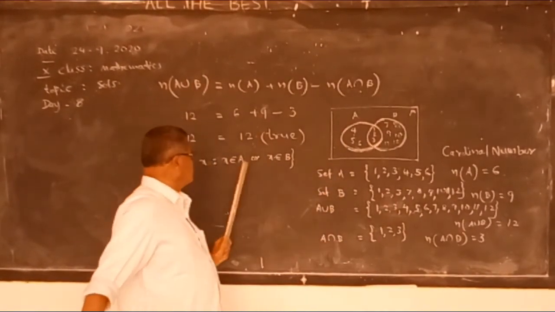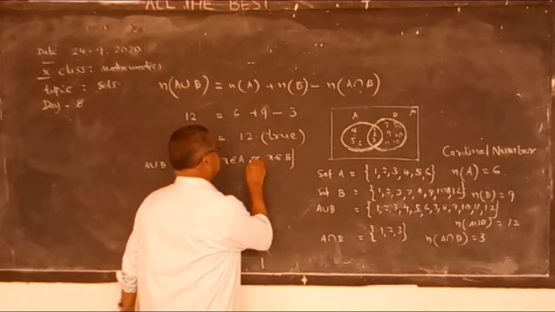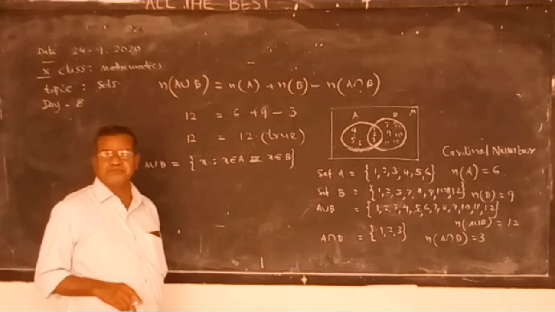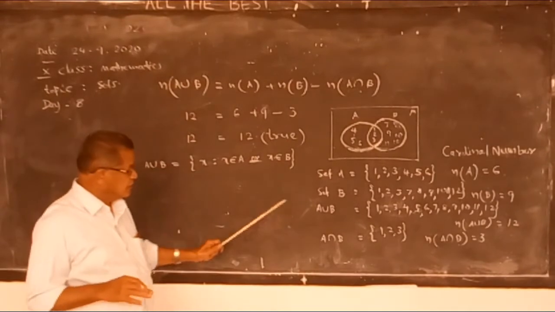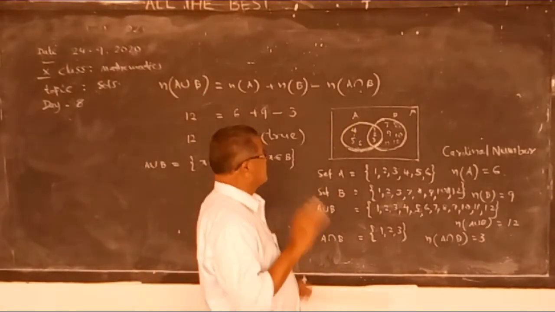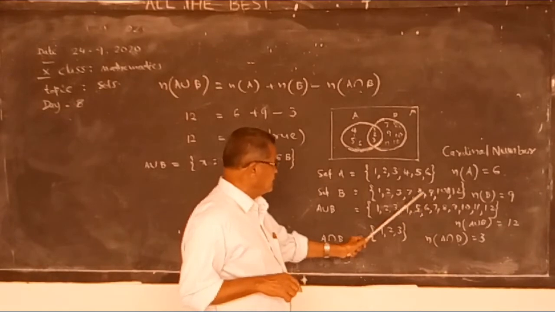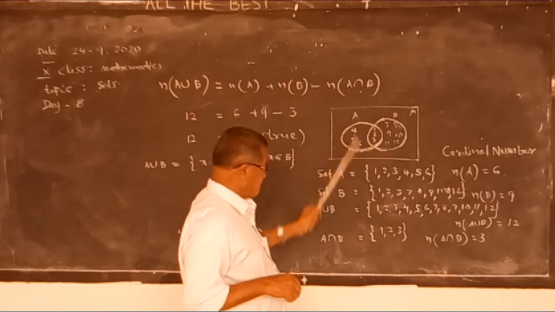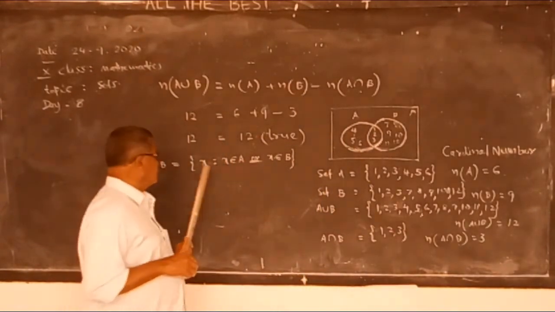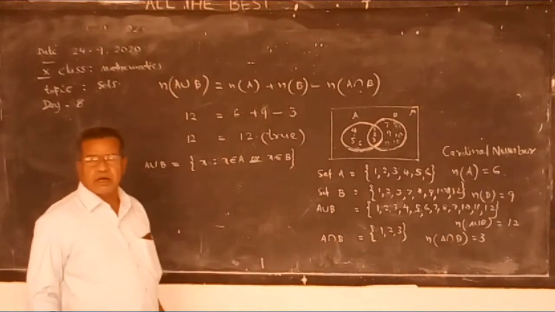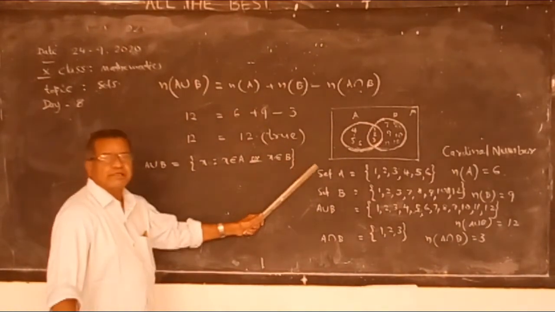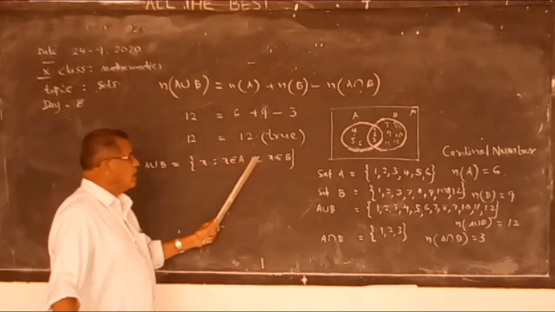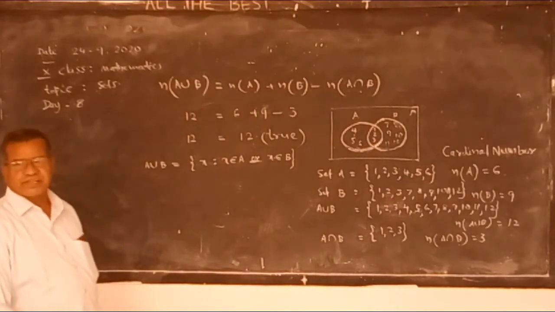Here we use OR. x belongs to A or x belongs to B. In union, to take any element, to take 8, it is there in set B. 3 is lying in set A. So this is the way of writing A union B in set builder form: x is such that x belongs to A or x belongs to B. Very clear.